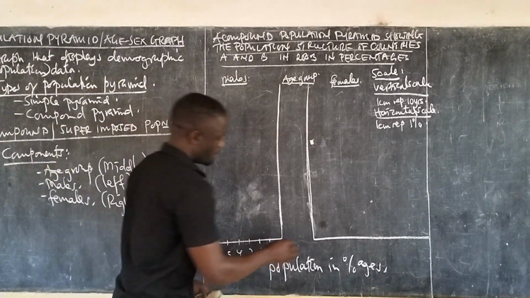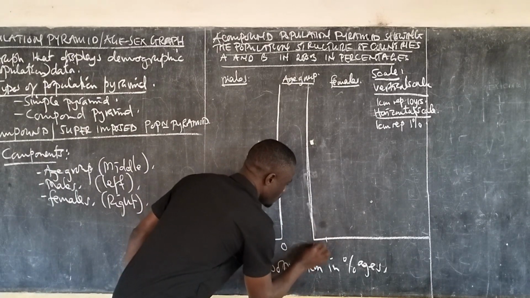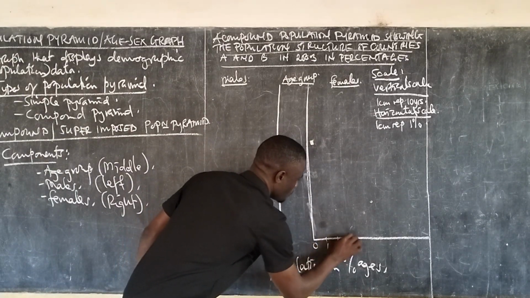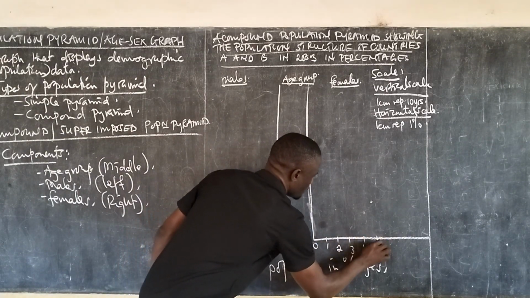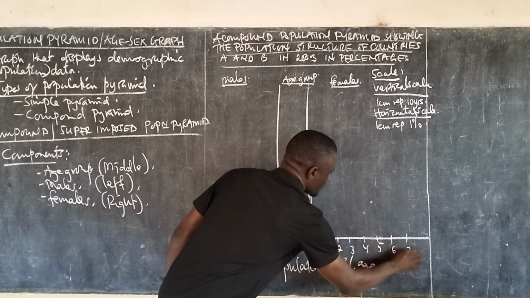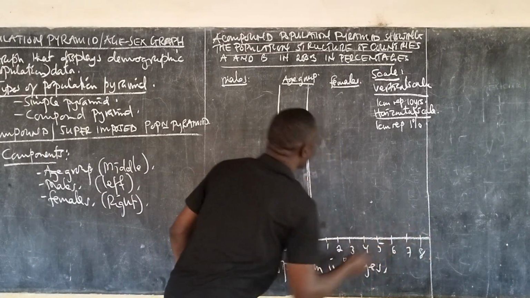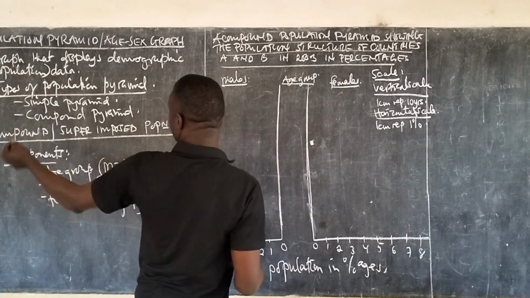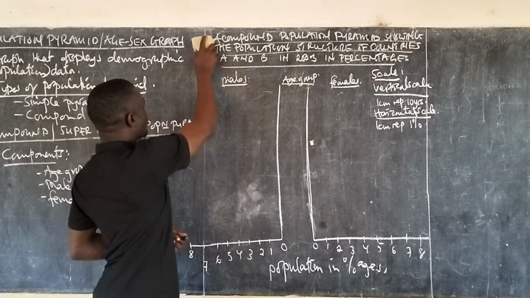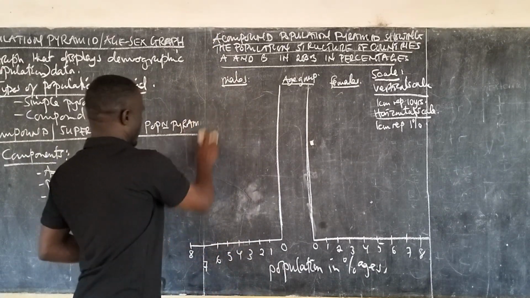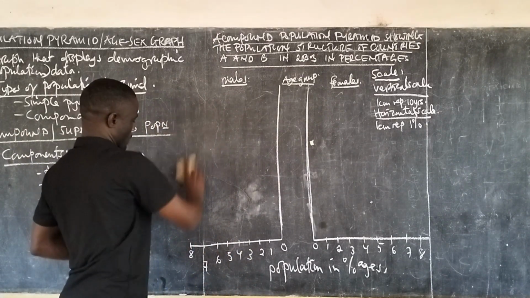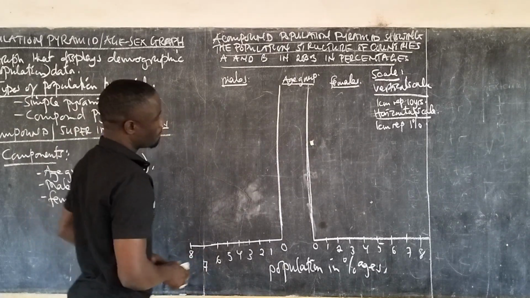Okay? Here we have 0 still. 1 for females, 2, 3, 4, 5, 6, 7, 8. You can stop there since the highest value does not exceed 8. That's our ample space here.